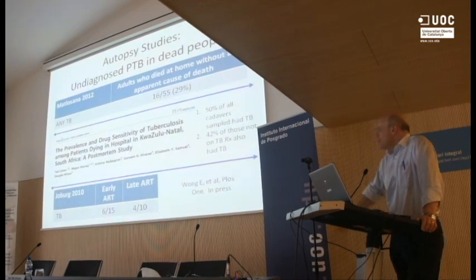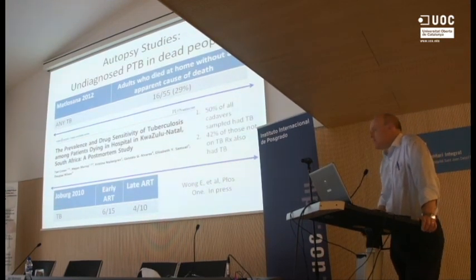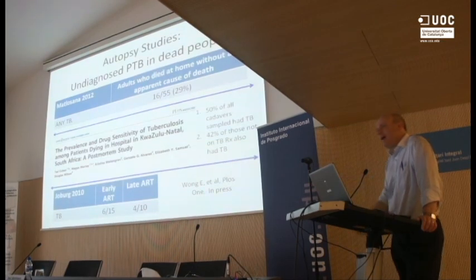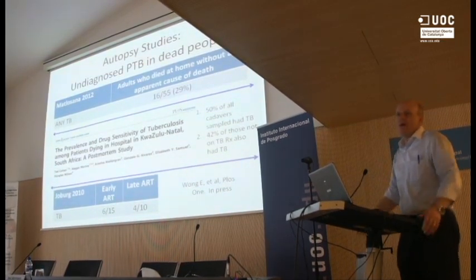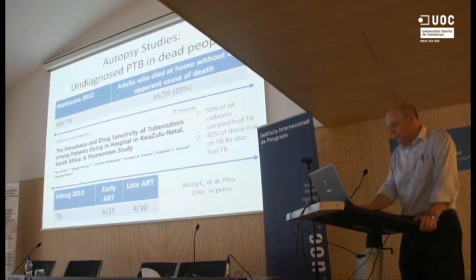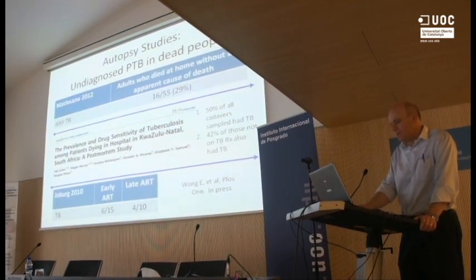Of those who die, you can see a large proportion of them will have undiagnosed TB. So people who haven't been diagnosed antemortem as having TB and haven't been started on treatment. So again, some concern about undiagnosed tuberculosis, and particularly important unless you have an effective vaccine, of trying to eradicate TB.